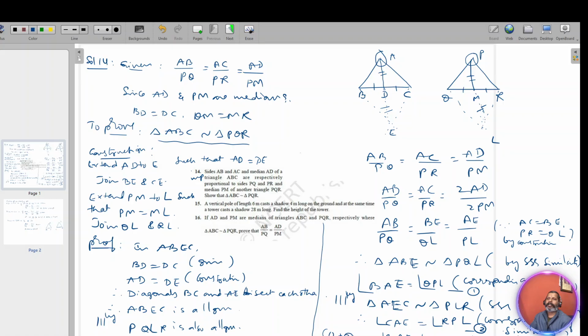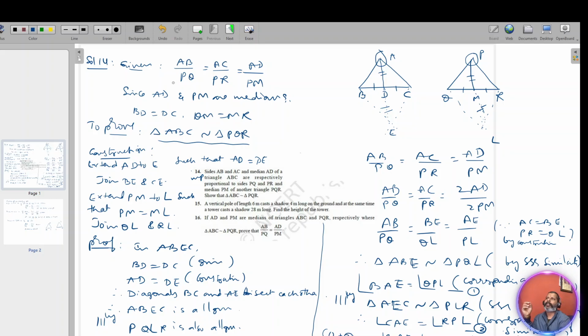BAE and CAE make BAC, the bigger angle of triangle ABC, and that equals QPL plus RPL, which becomes QPR, the bigger angle of triangle PQR. Call this 3.